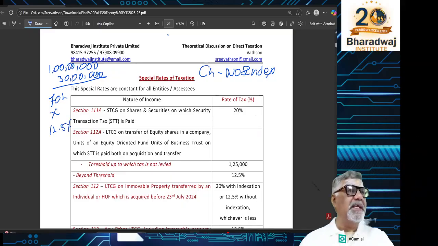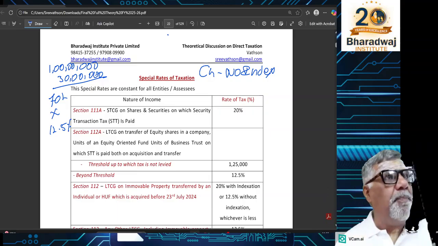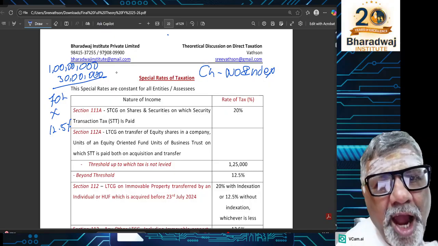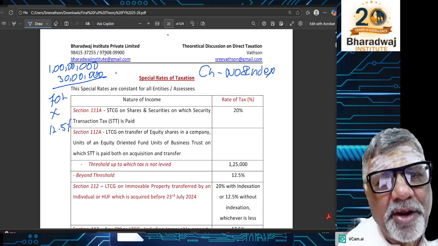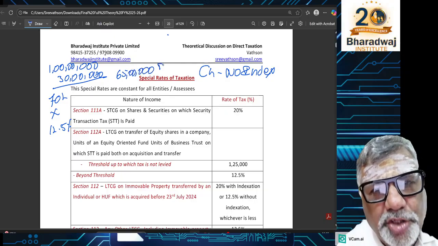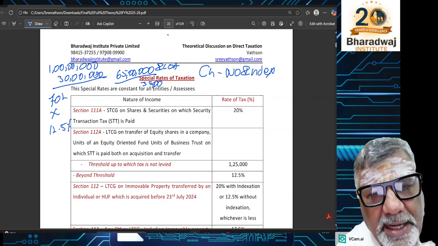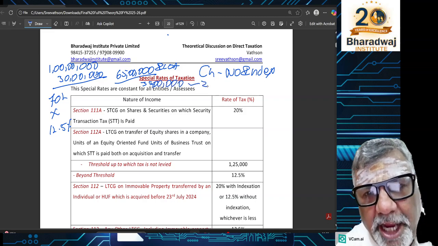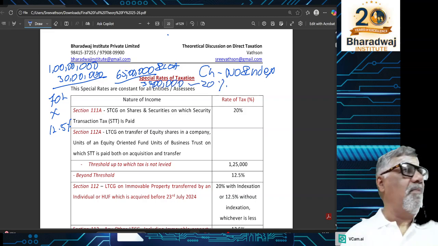By applying indexation, let us take for example, I indexed the cost of acquisition as 65 lakhs. So my capital gains become 35 lakh into 20%.